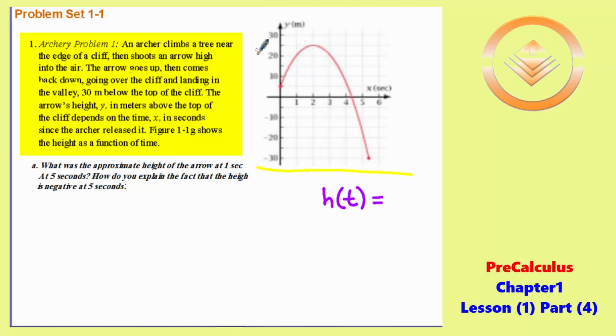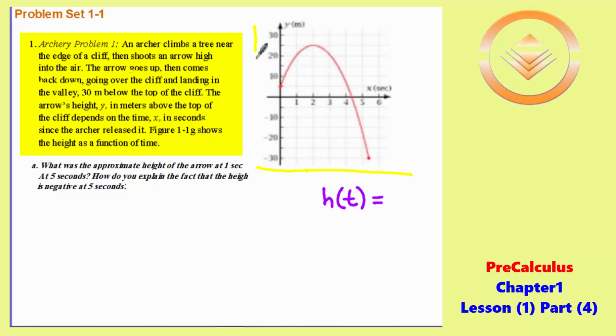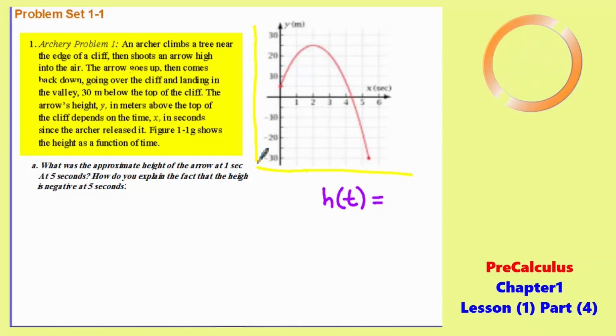We have a graph determined by y, which is in meters, this is your height, and x, which is in seconds, this is your t. So what was the approximate height of the arrow at 1 second?